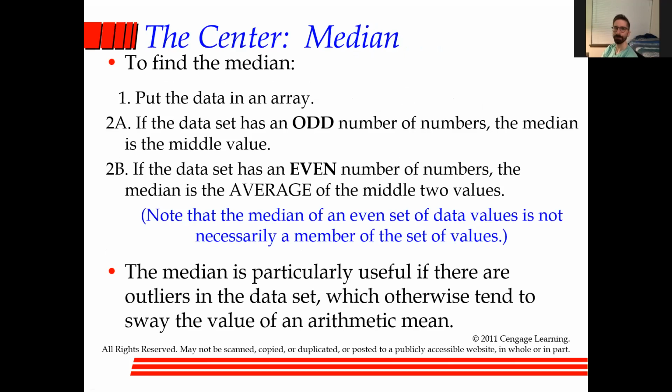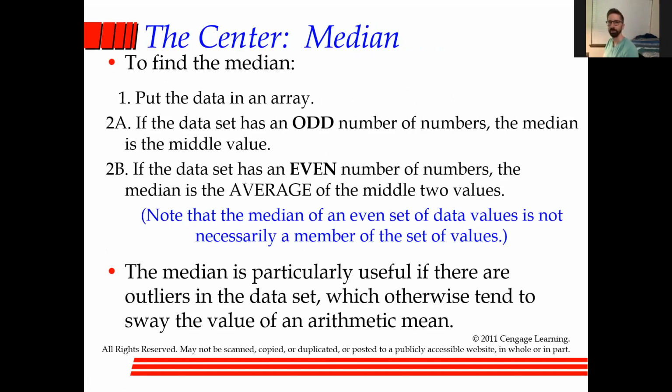All right. Median. Median requires that you put the data set in numerical order from smallest to largest. That's what they mean by an array here, that you're putting it into an ordered array. And here's the deal. It's pretty easy to find the median.